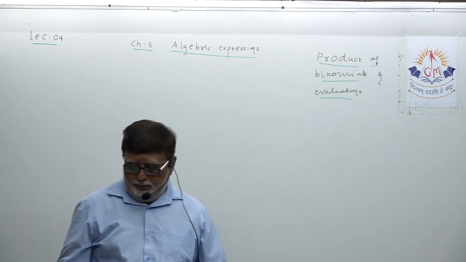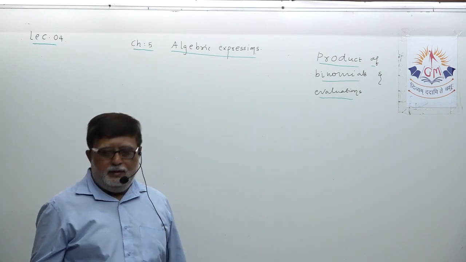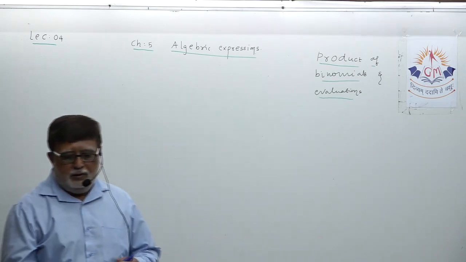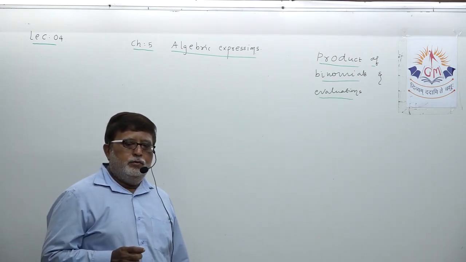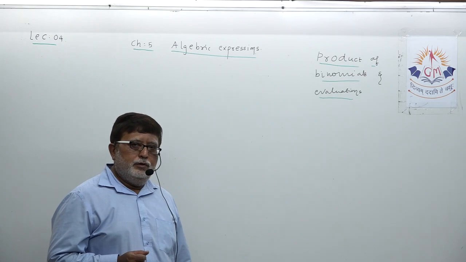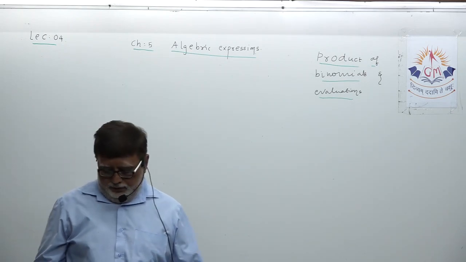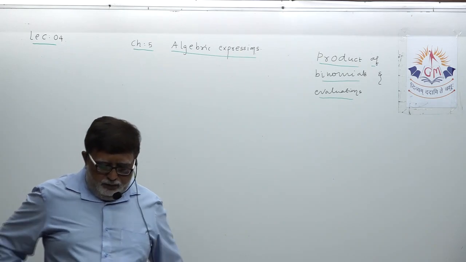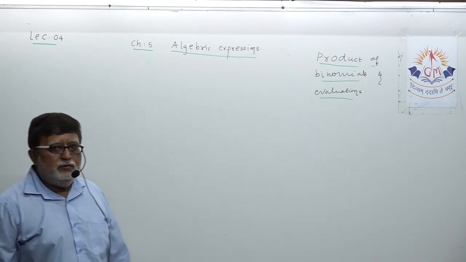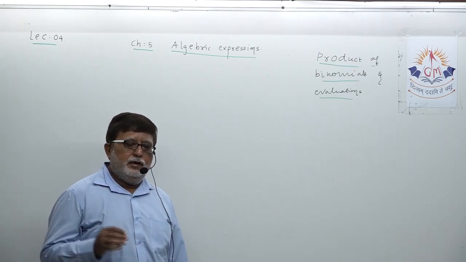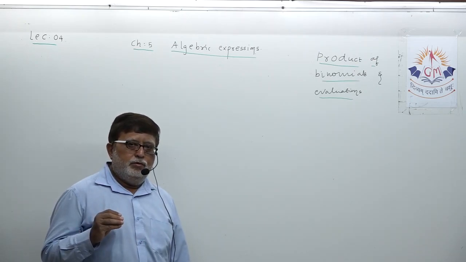But first, our target is to understand how to multiply two binomials. When I give you homework from exercise 5.1, there may not be such an instruction given in the example, like multiply two binomials.